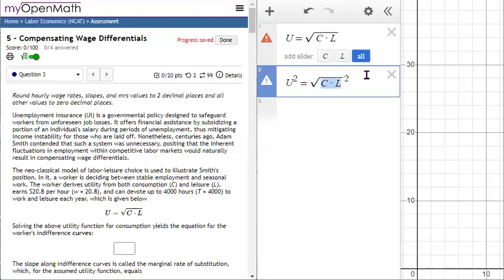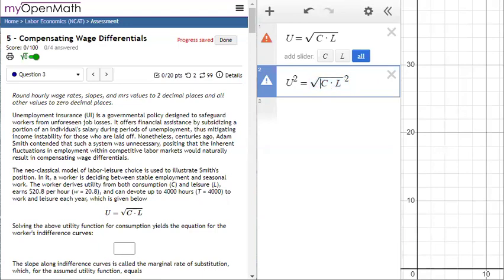If C times L were 100, because C is 10 and L is 10, then that blue thing would be 100, and the square root of 100 would be 10. And the square of 10 would be 100, right?